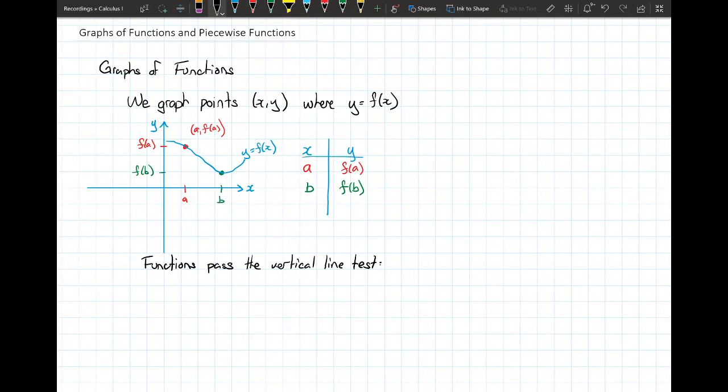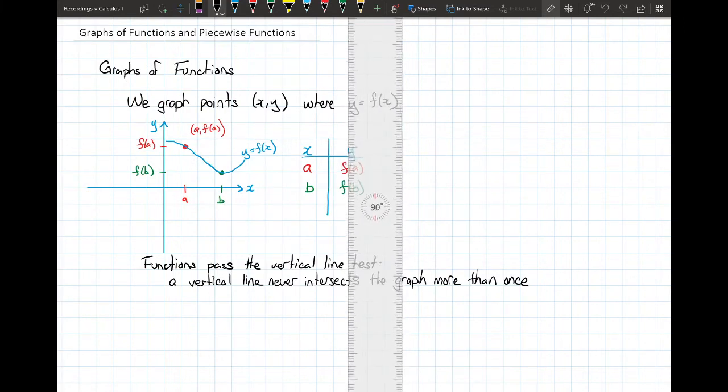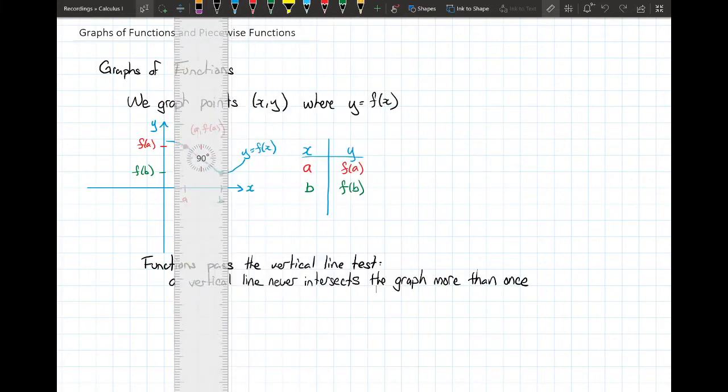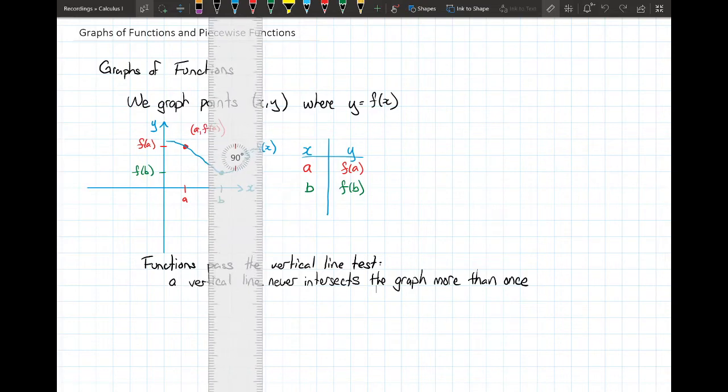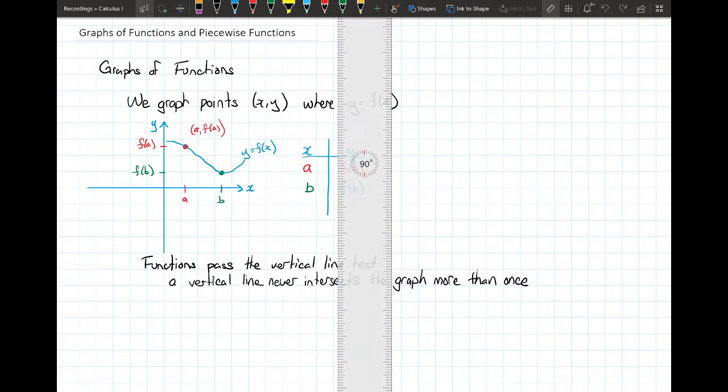And what that line test is, a vertical line, wherever you draw it, will never intersect the graph more than once. And so you can see in this particular example, if I grab a ruler and I make this vertical, no matter where I place it, it only intersects this curve once, making it a function.